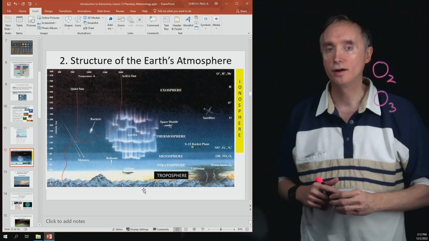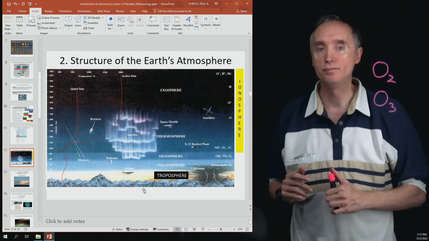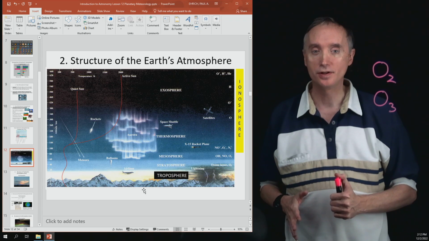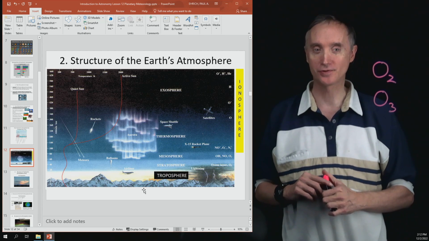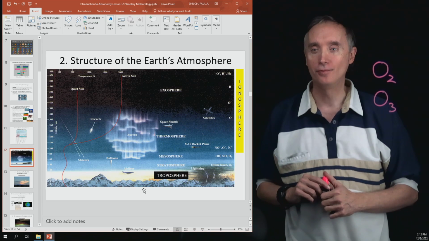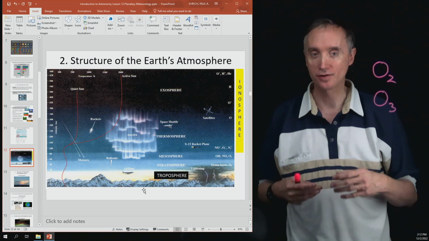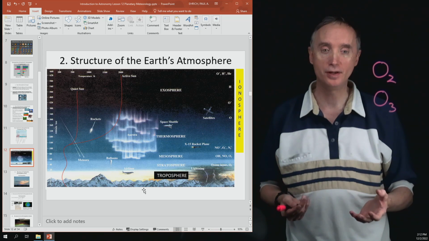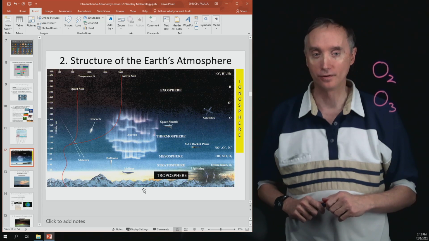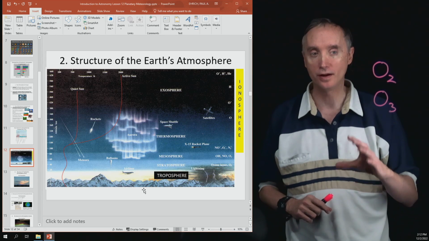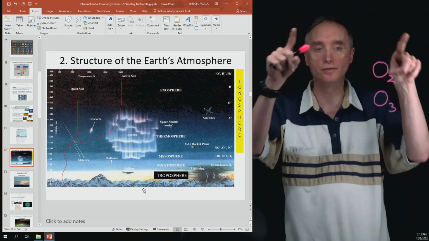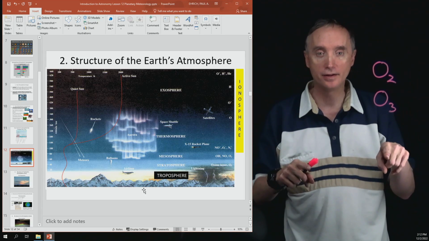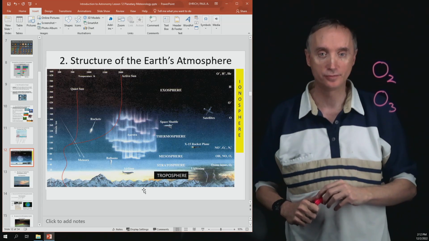Now the next layer above that is going to be called the mesosphere, which is actually very unfortunate because you've heard the word mesosphere before. Meso stands for middle layer of the Earth. So you had the inner core, the outer core, the mesosphere. That was the part that was convecting, and it caused the plates to move.